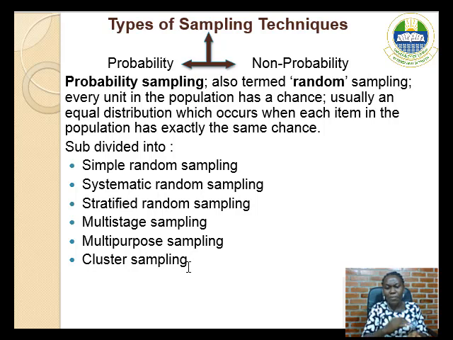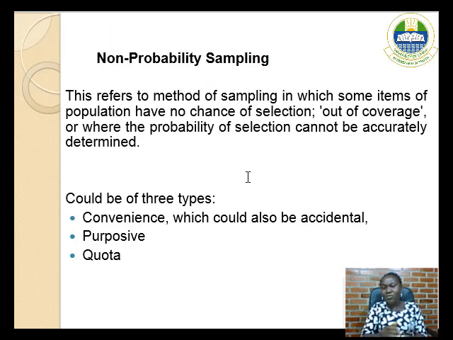All these are in detail inside our module, so you can check your module for a detailed explanation of this probability sampling. Then the other part is the non-probability sampling, which refers to a method of sampling in which some items of the population have no chance of selection, or where the probability of selection cannot be accurately determined.